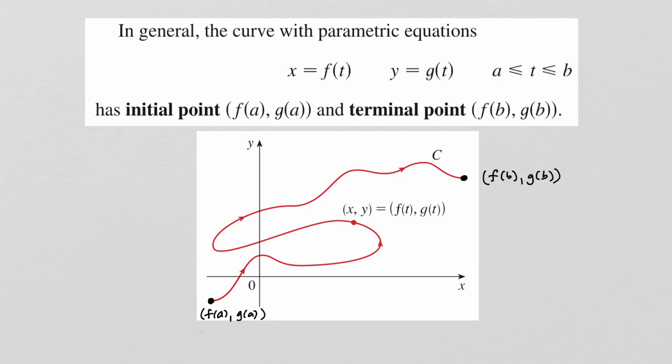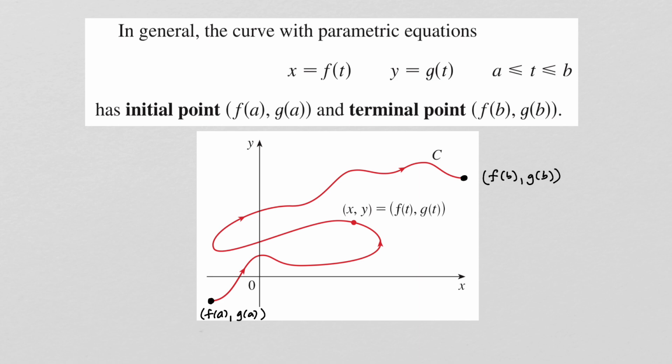So in general, when given parametric equations x equals f of t and y equals g of t, where t is between two values a and b, this curve will have an initial point at (f of a, g of a), and a terminal point at (f of b, g of b).